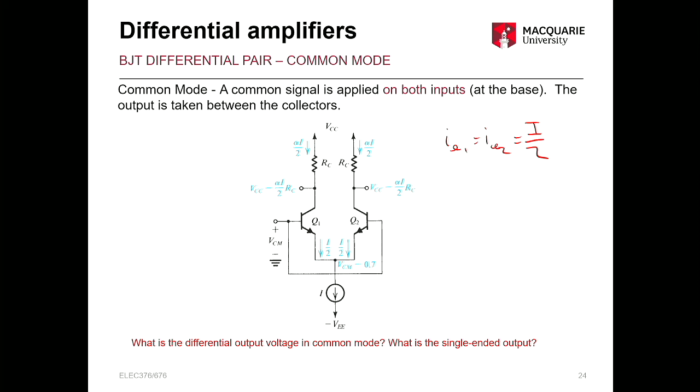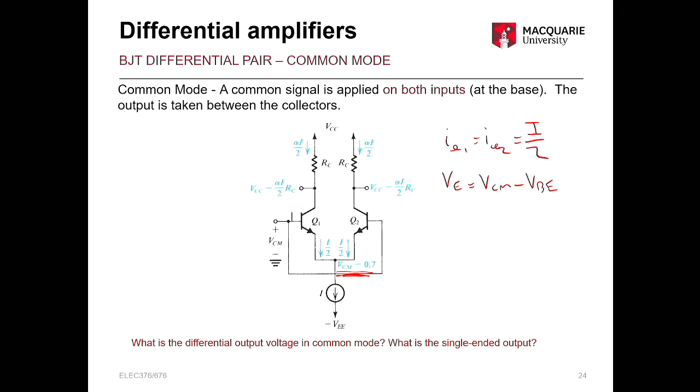We can see that VE, that's at the voltage down here, is going to be equal to the VCM base input here minus the VBE. And for transistors in the active region, the VBE is going to be approximately 0.7 volts. Okay? So that gets us to that result there, VCM minus 0.7. Okay, so under our normal operation, we can assume that 0.7, which is another difference between this case and the MOSFET, okay?